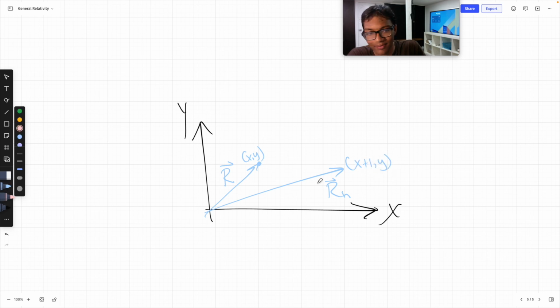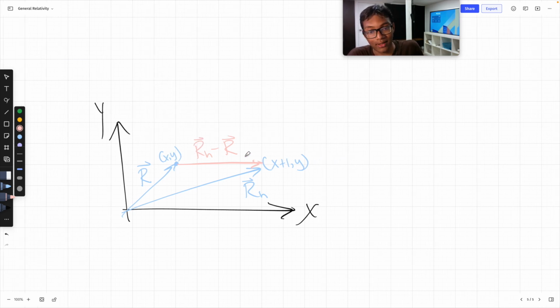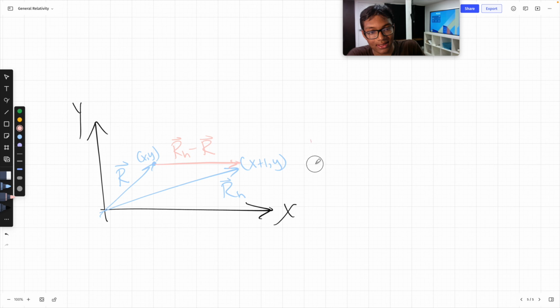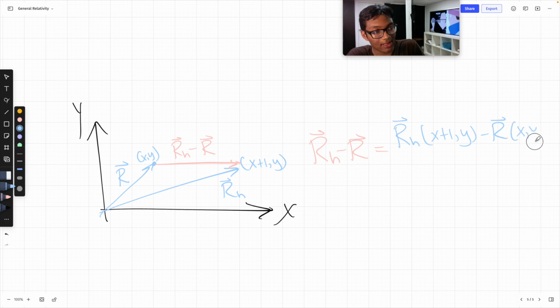So what does that mean? That means the difference between these two vectors is going to be r sub h minus r. Now, how can I write that in a more mathematical format? Well, I can just say that this difference, r sub h minus r, is equal to the first vector, r sub h, located at x plus 1 comma y, minus the vector r located at x comma y, divided by the length of the difference between these two vectors.